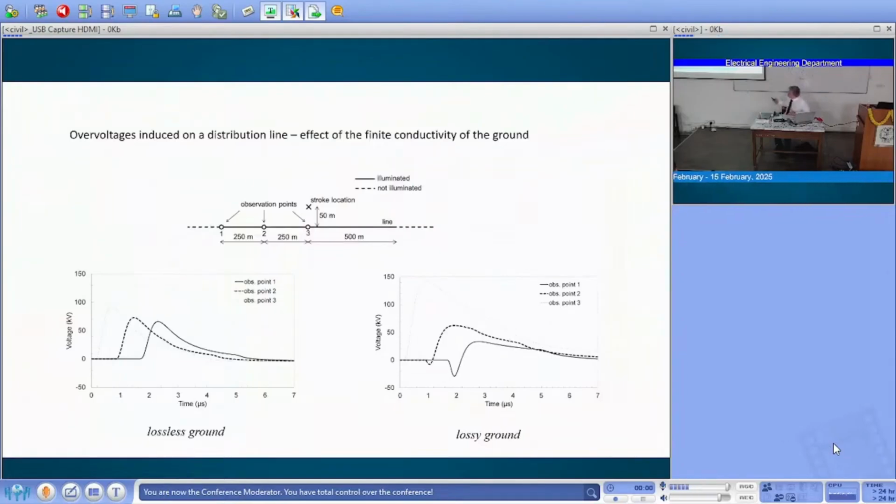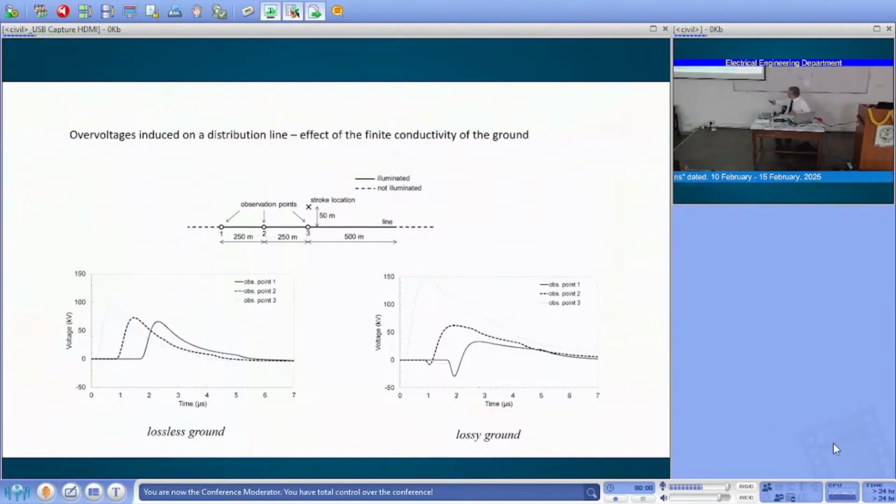This is a straight line, this is a stroke location, so where there is the lightning, and we are calculating the overvoltages in these 3 points. So you see here the voltage in the first point near to the stroke location, and then lower and then lower.